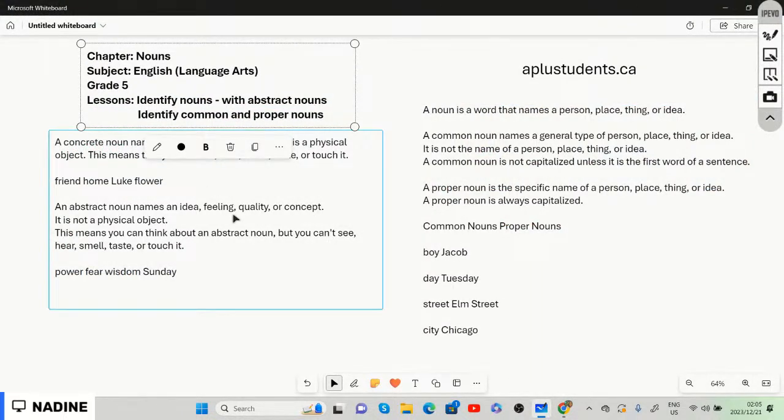Our subject is English language arts, grade 5. And the lessons that we are going to be focusing on under the chapter of nouns are to identify concrete nouns and abstract nouns, and to identify common and proper nouns.